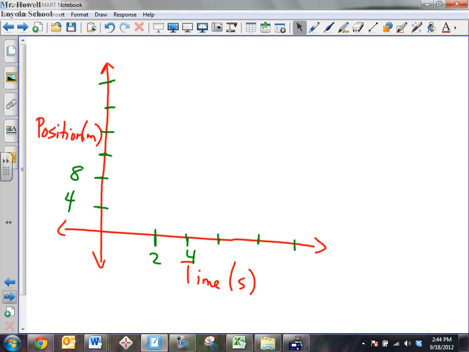Next, put yourself a point. Label the point 2, 8 right here. And let's go all the way over to, let's say, 10. We got 1 point there, and we got another point there.